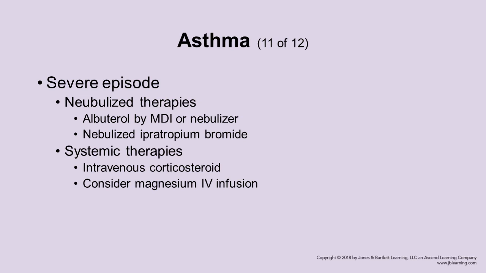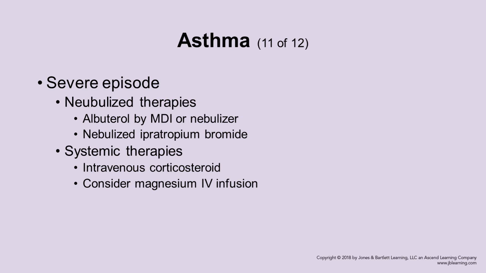Now, with more severe asthma exacerbations, there are additional nebulized therapies we can use. Albuterol can be delivered by a metered-dose inhaler or a puffer, or a nebulizer machine if a patient is in the inpatient setting and cannot adequately perform their inhaler technique. Additionally, there are other bronchodilators, including ipratropium, which works by a different mechanism, but essentially reverses that bronchoconstriction process.